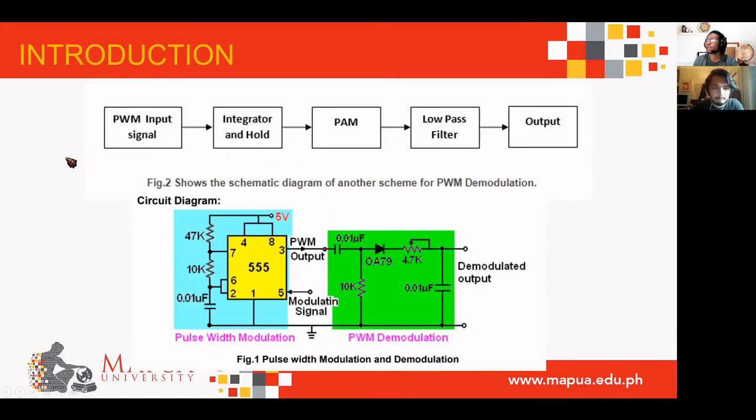The next sample technique is the basic technique, pulse width modulation to pulse width demodulation, or direct demodulation. In this process, we input a pulse width modulating signal, which is fed into an integrator and hold circuit, or sample and hold circuit, and that produces a pump signal.